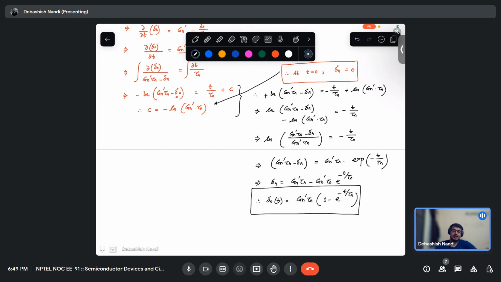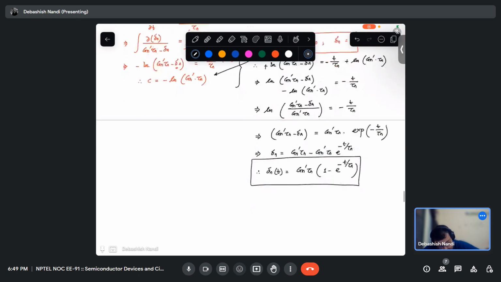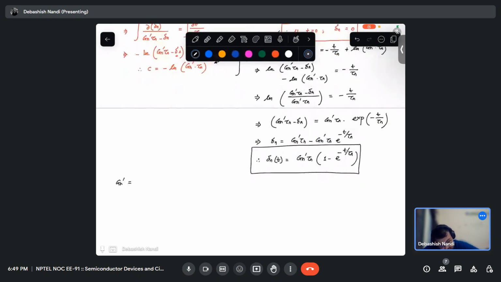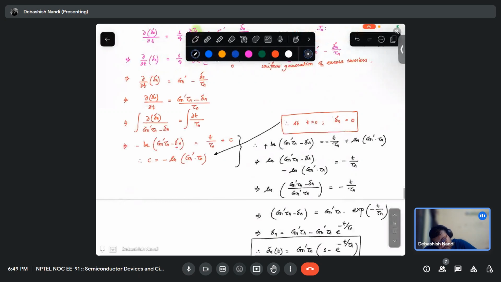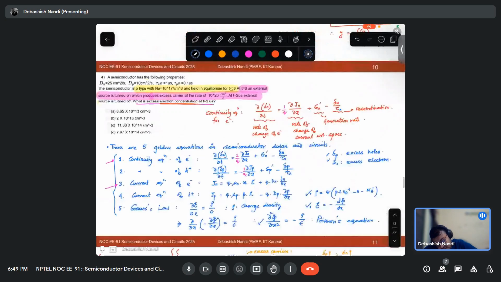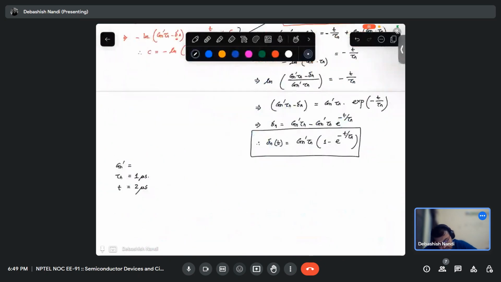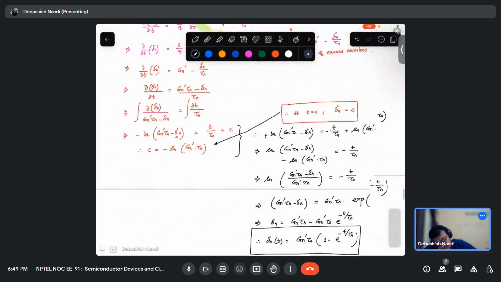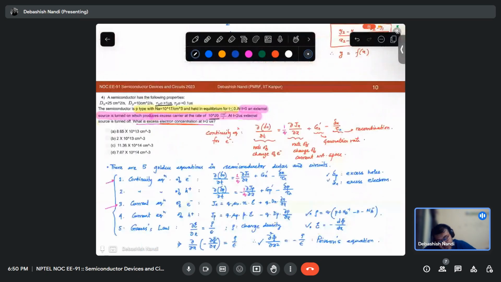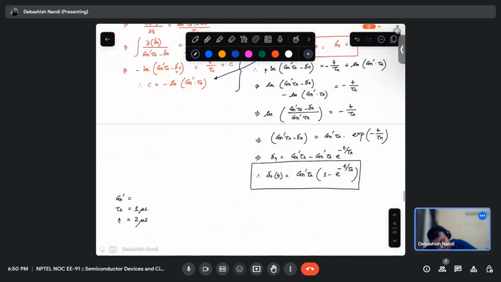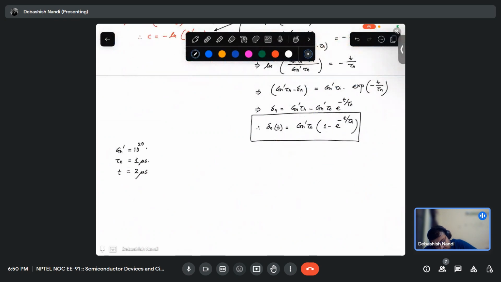All the values are known: Gn dash is given, tau n is given, and t is 2 microsecond. Tau n is given as 1 microsecond, and Gn dash is given as 10 raised to 20 per centimeter cube per second.